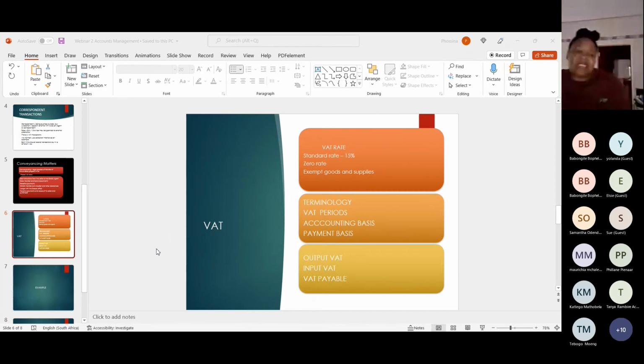So one has to balance, because if you compare it with a salary, a dividend is a bit on the expensive side. But it's a decision that one has to make, because we live in a world where we are governed and we have to pay our taxes. Okay, thank you.